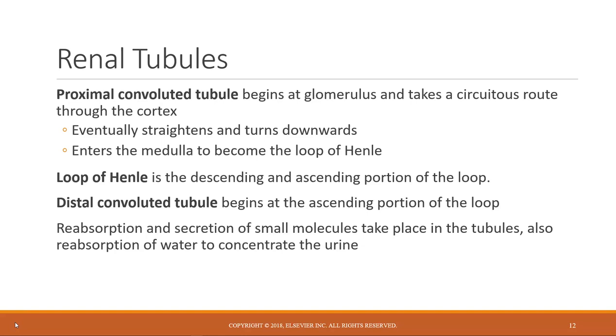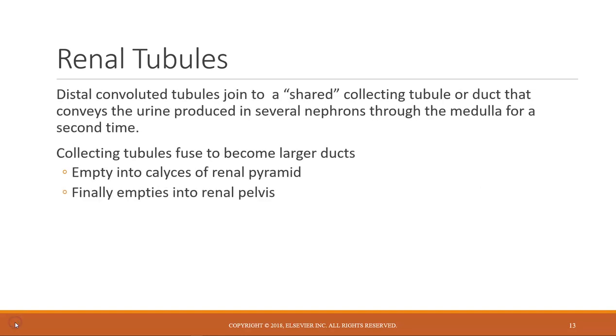Reabsorption and secretion of small molecules take place in the tubules, and also the reabsorption of water to concentrate the urine. The distal convoluted tubules join to a shared collecting tubule or duct that conveys the urine produced in several nephrons through the medulla for a second time, so a second filtration of that fluid occurs.